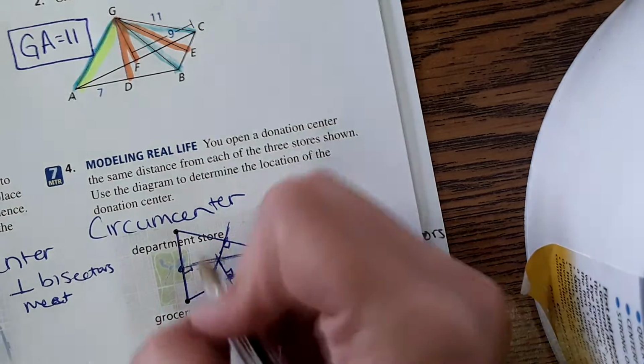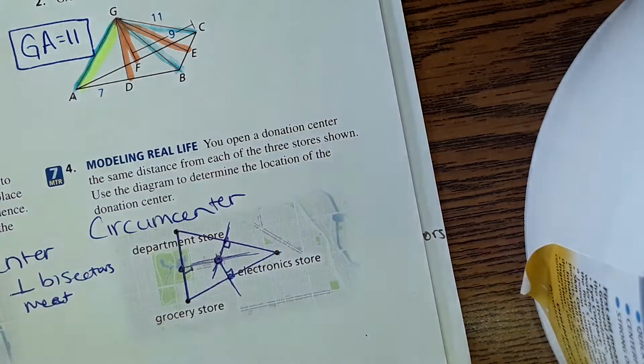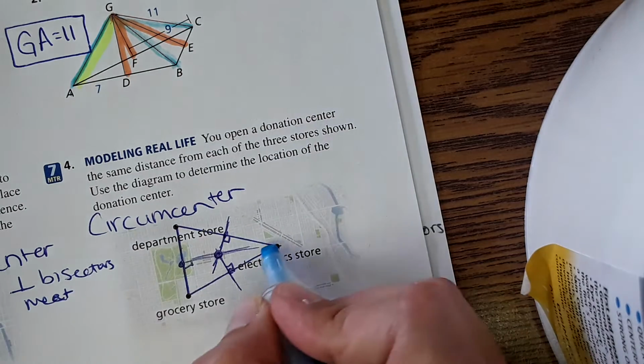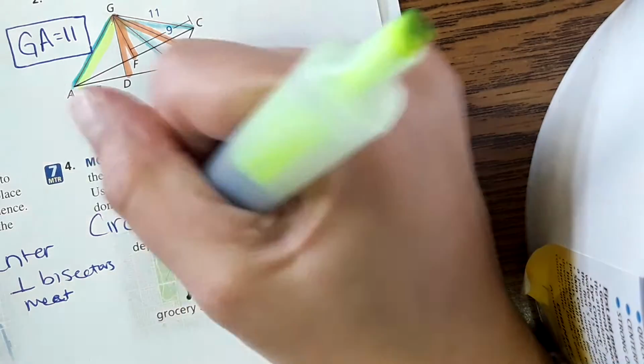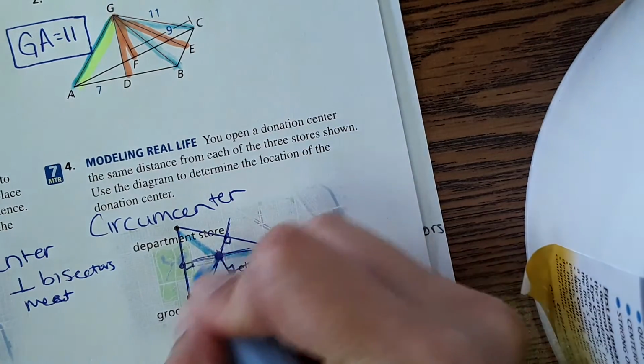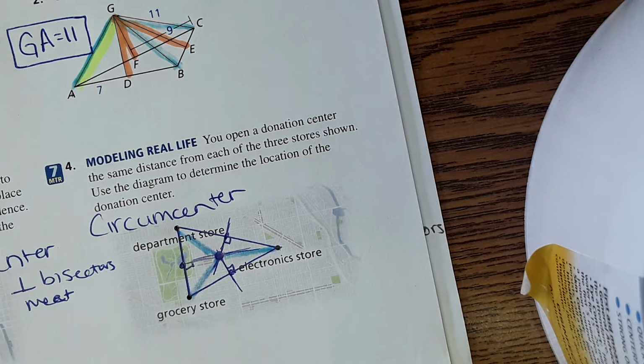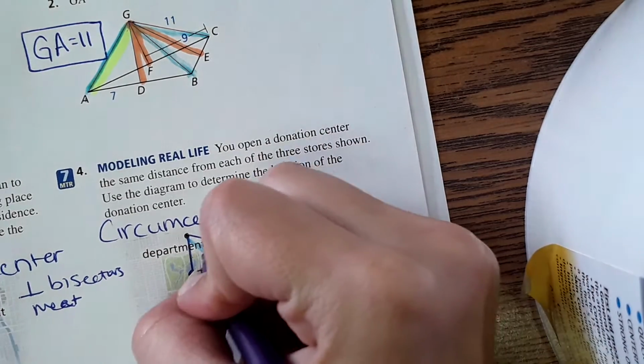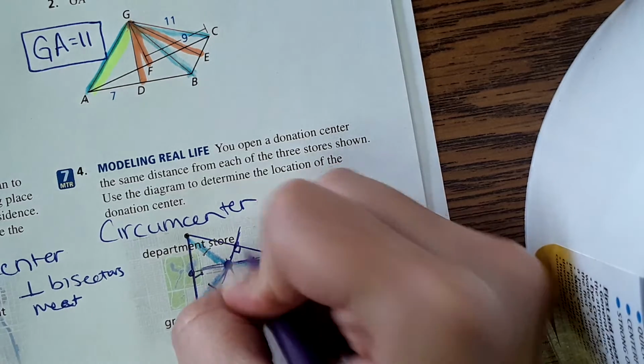Okay, and it looks like it meets right about here. And then this should be the same distance to each of the corners. So this should be the same length as this, and this should be the same length as this.